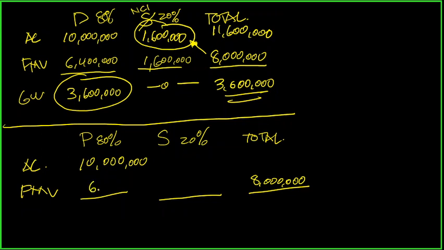This one will be 6,400. This one will be 1,600. Under total goodwill, this one should be higher.